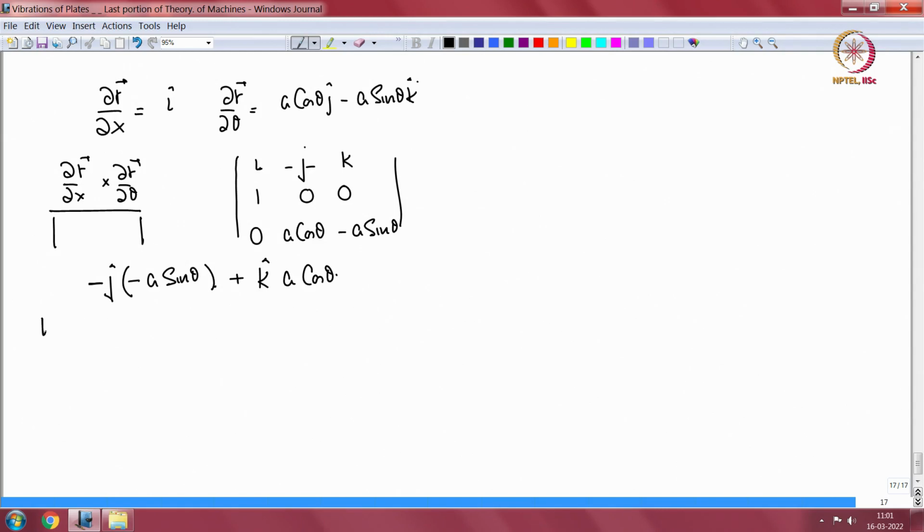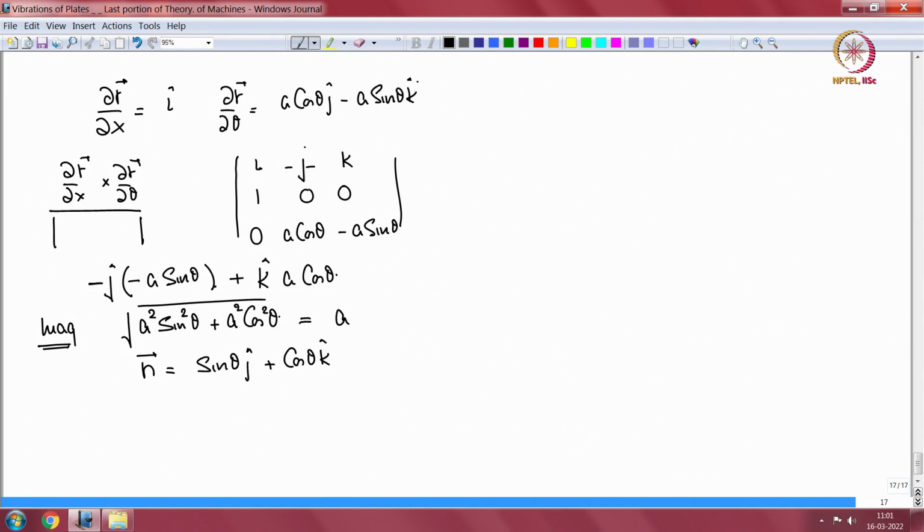Then the magnitude: the square root of a square sin square theta plus a square cos square theta, which is equal to a. And therefore the normal is given by sin theta j plus cos theta k.